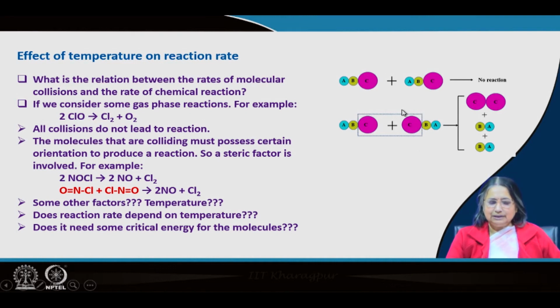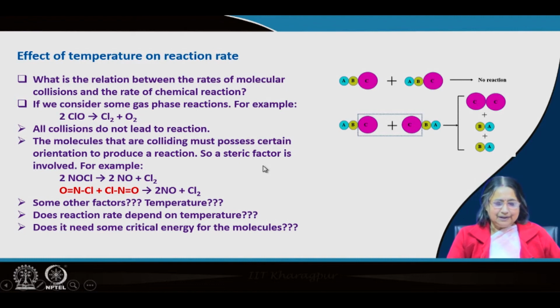So the orientation should be like this. If this type of collision occurs, then chlorine bond formation will happen to give Cl2 and NO will be formed. So we have seen that there is another factor, called the steric factor.